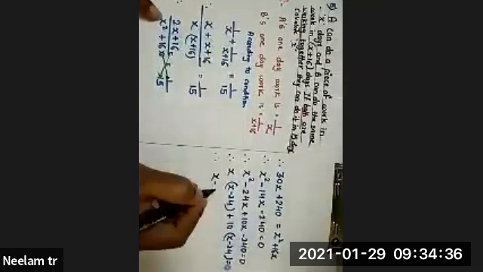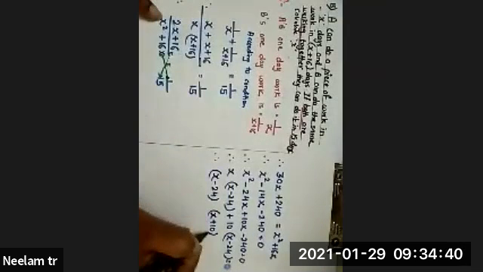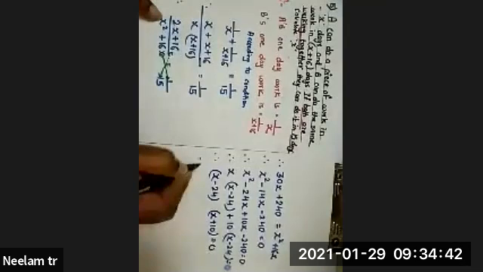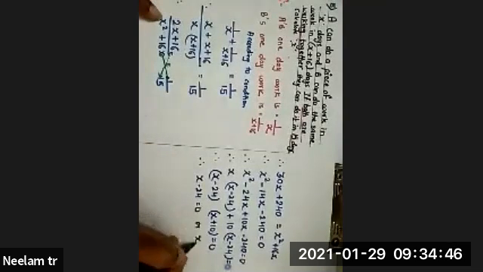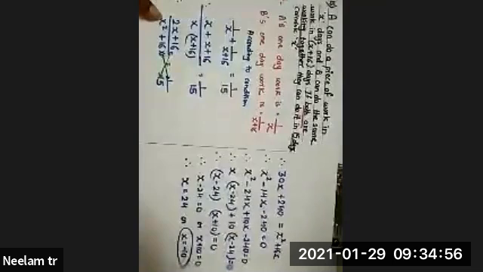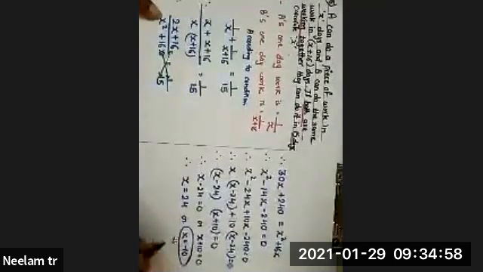Therefore, x you will take out common, x minus 24 plus 10, x minus 24 is equal to 0. You got your two roots, x minus 24 and x plus 10 is equal to 0. So x minus 24 is equal to 0 or x plus 10 is equal to 0. The two values of x: one is 24 and one is minus 10. But minus 10 is not acceptable as it is negative.